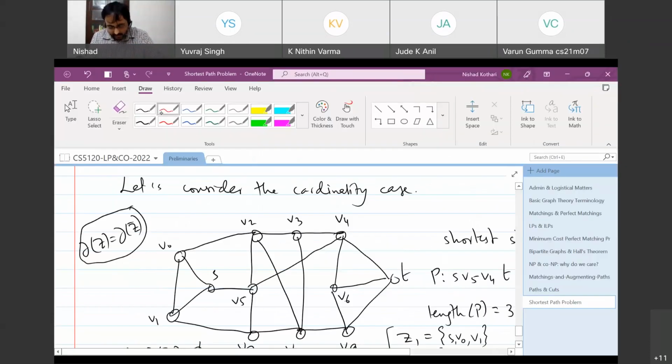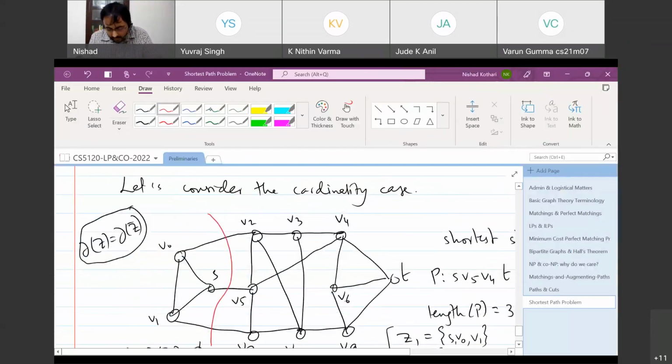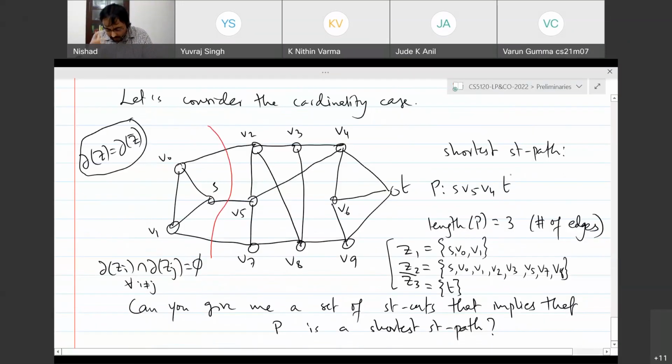I'm going to mark them in red. The first one is S, V0, V1, so it is very easy to view this. It is this red colored cut, right? All the three edges that are crossing this red line are in this cut. Then the green one is going to be the second cut. So you're putting S, V0, V1, V2, V3, V5, V7, V8.